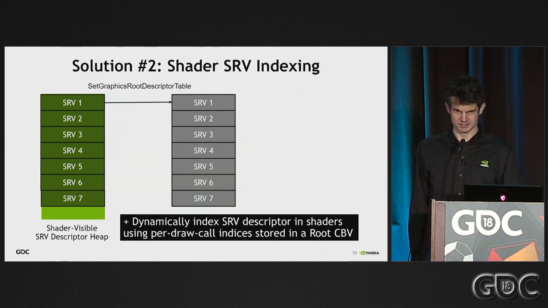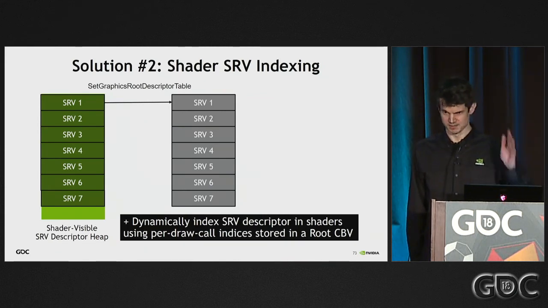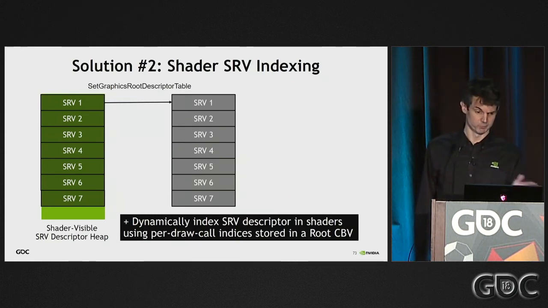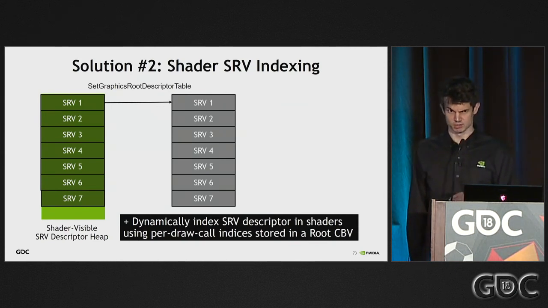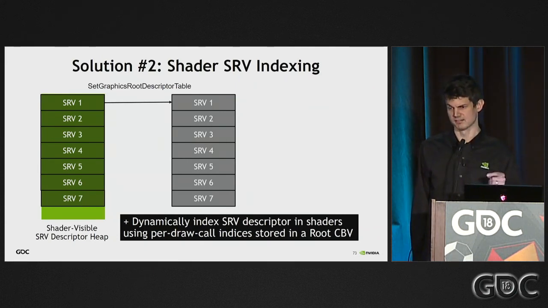There is no longer a need to copy from one heap to another, assuming you have less than 65,000 descriptors for your frame. You can just fill them into your shader visible SRV heap, and then bind them all together. Bind them once. That's a single bind call, set graphics root descriptor table. You bind it, and all the shaders have access to all of the SRVs. But they just need to know which one they need to fetch for each of the texture instructions. And this information, you can put it in a constant buffer.